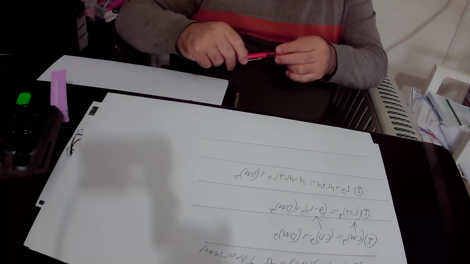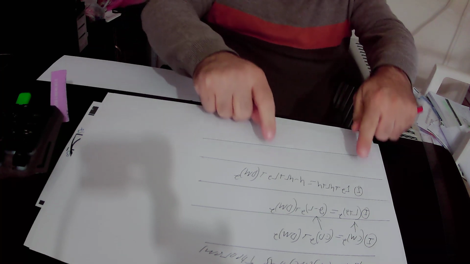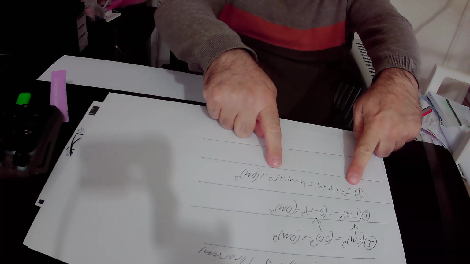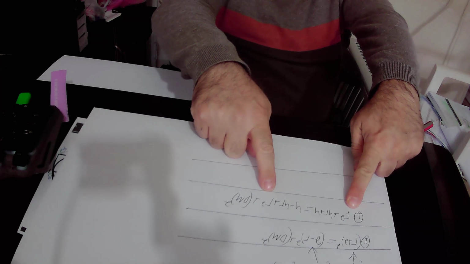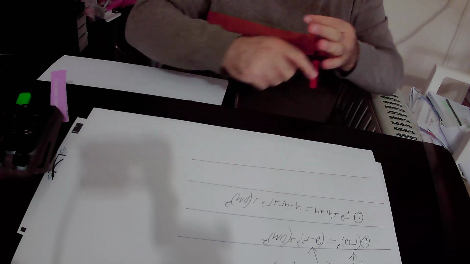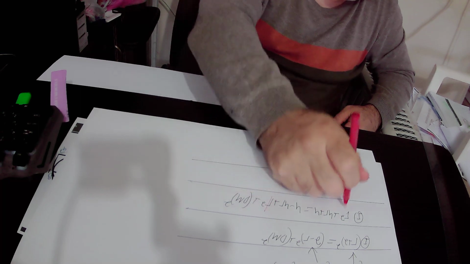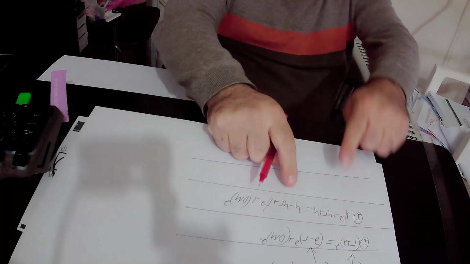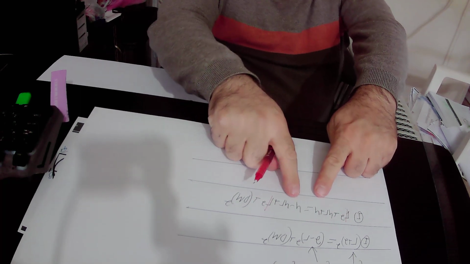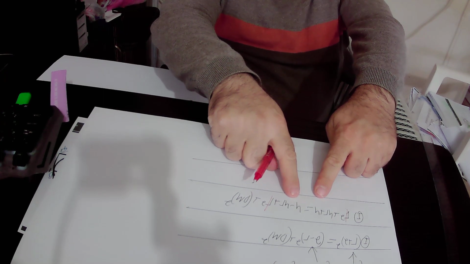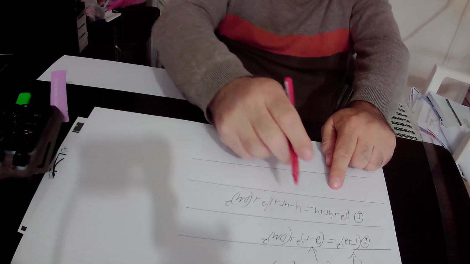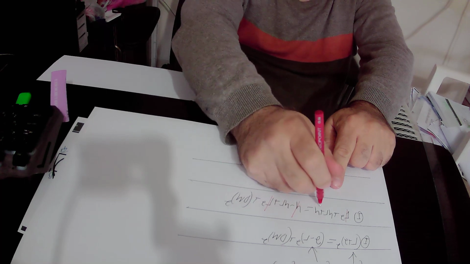So here we have R square on both sides of equation number 1, so R square will get cancelled, and we also have 4 on both sides of equation number 1, so 4 will also get cancelled.